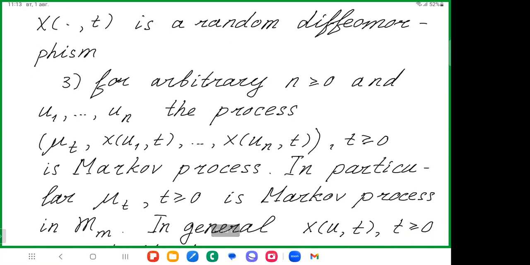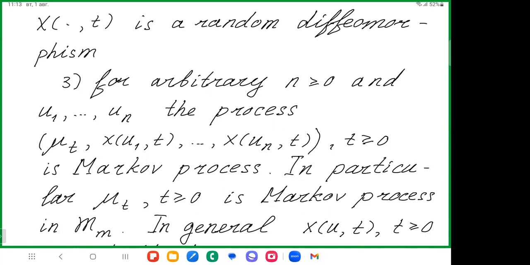By the way, now we make a non-trivial step because we construct some class of measure-valued Markov processes of constant mass. It is not a subject of consideration of our lectures, but I have to say that there are different constructions of measure-valued processes of constant mass related to different mathematical models.